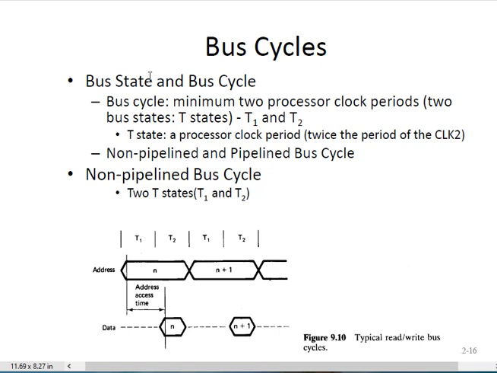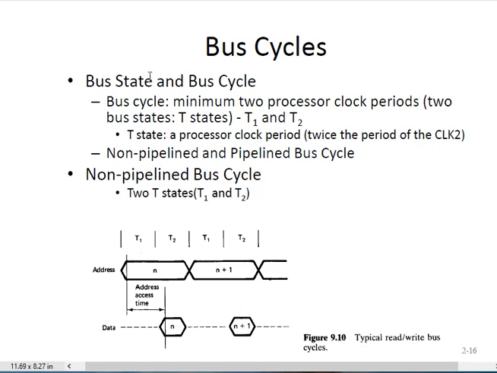Now a bus cycle is nothing but a minimum of 2 processor clock periods. Everyone knows that the processor is provided with a clock for synchronization between different operations. So a minimum of 2 processor clock periods is known as one bus cycle, and these 2 clock periods are 2 bus states.